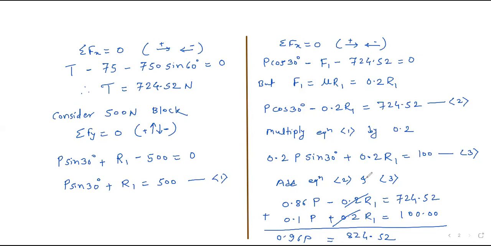So you will get the value of this P. So therefore, now let me know the value of this P. 858.875. 858 or 875, what exactly? 858.87.